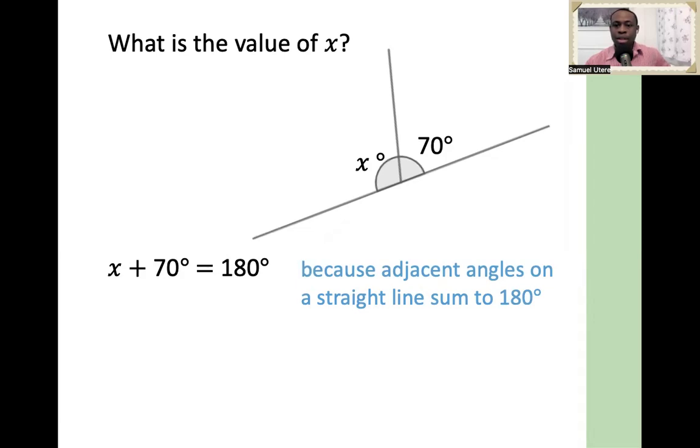So the reason is because adjacent angles on a straight line sum to 180 degrees. Next, we'll solve our equation by eliminating the thing that is preventing us from having x on its own. And of course, we need to subtract 70 from both sides. That gives us x is equal to 110 degrees.